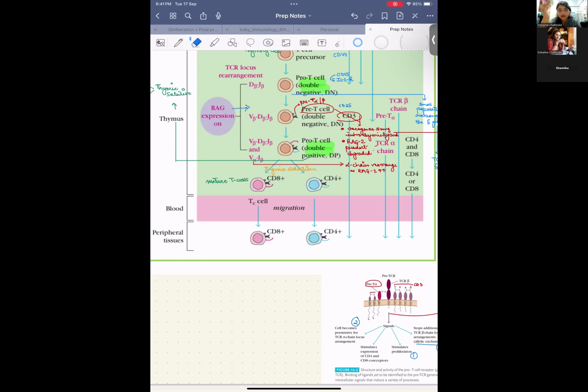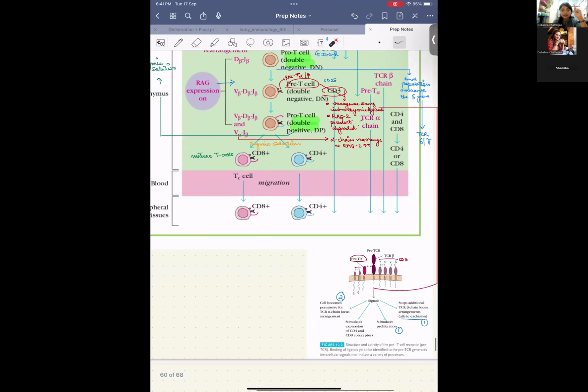It is most likely that all the 10 pre-T cells are going to undergo different recombination events of the alpha chain, and eventually the alpha chains that associate with the pre-TCR's beta chain are all going to be different. Hence all the 10 cells will have different specificity for different antigens. Is this part clear? Because it's a lot of simultaneous events happening.